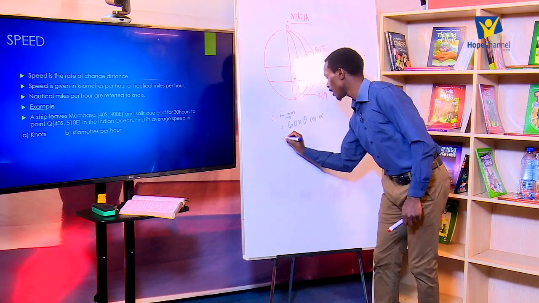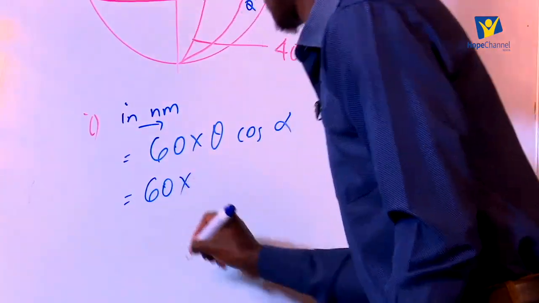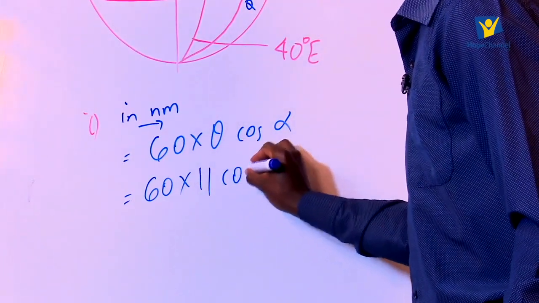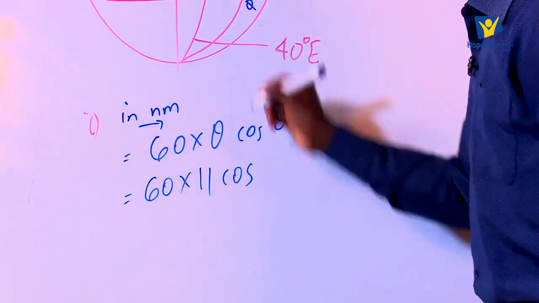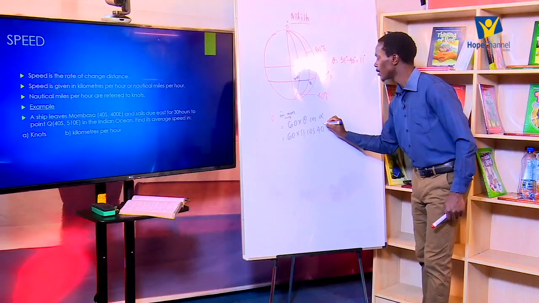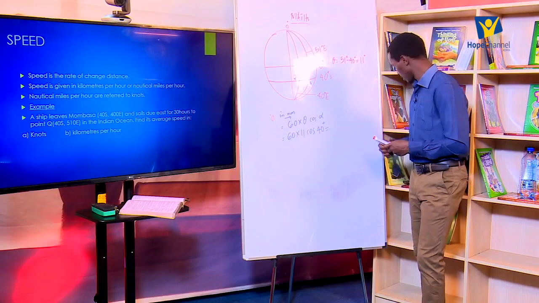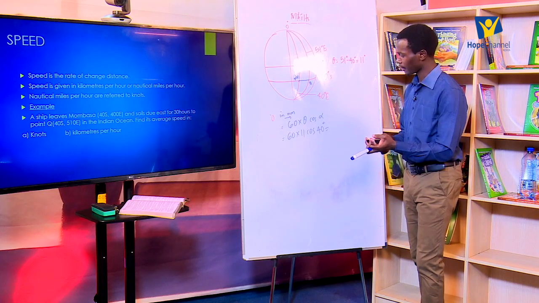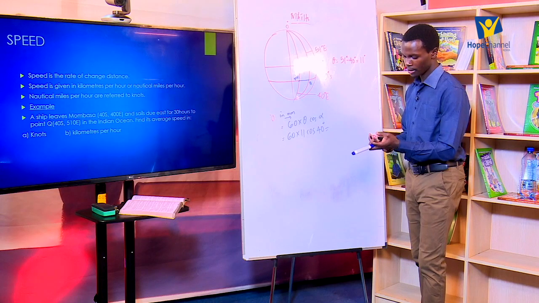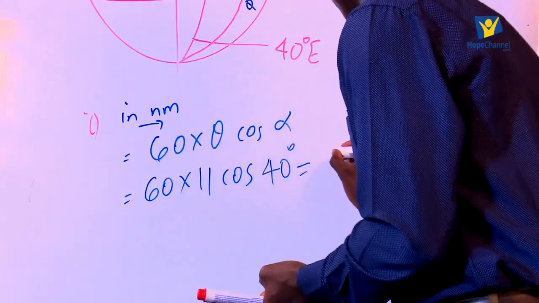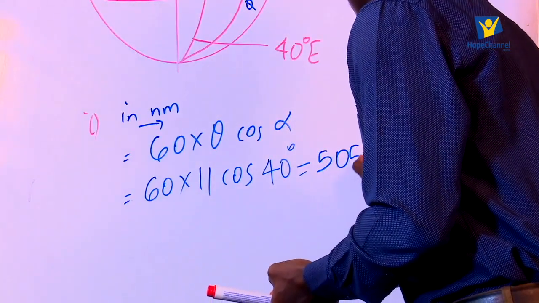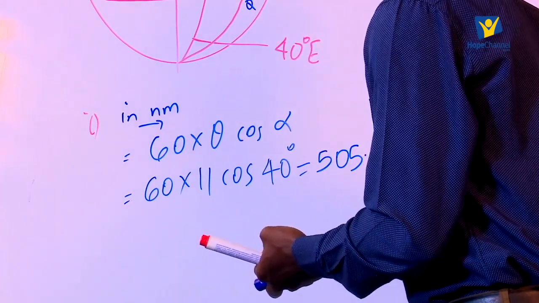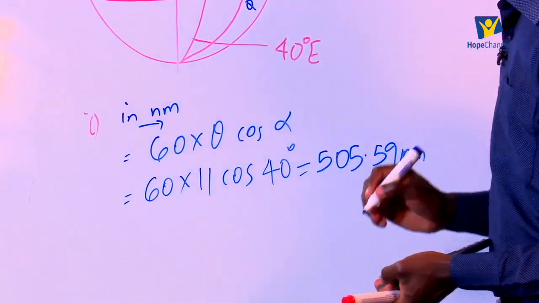So we will have 60 multiplied by 11, the cosine of the latitude, which is 40 degrees. Let's see, 60 multiplied by 11, the cosine of 40, gives us 505.59 nautical miles.